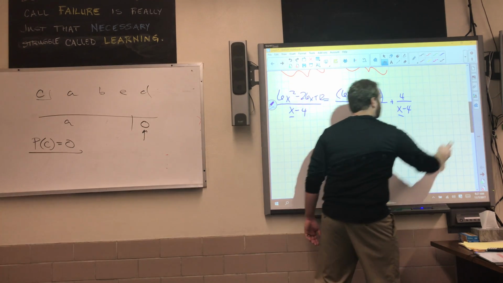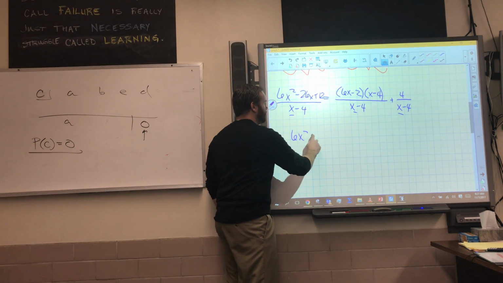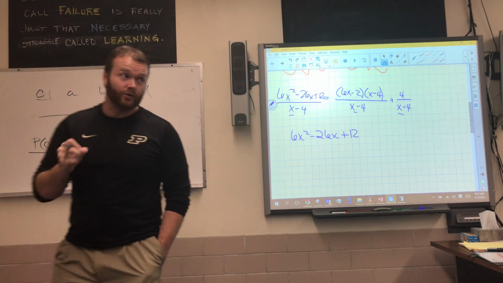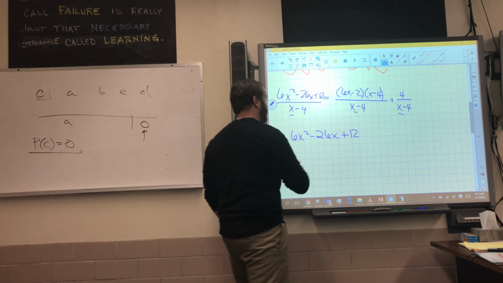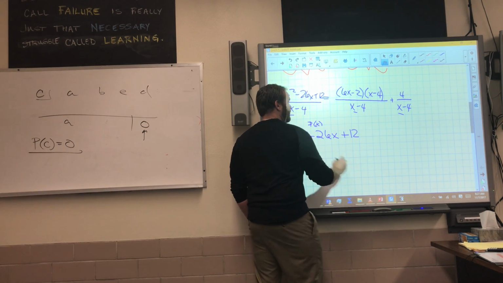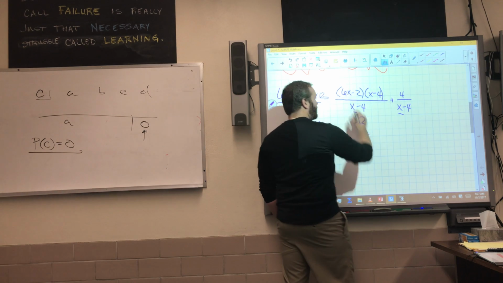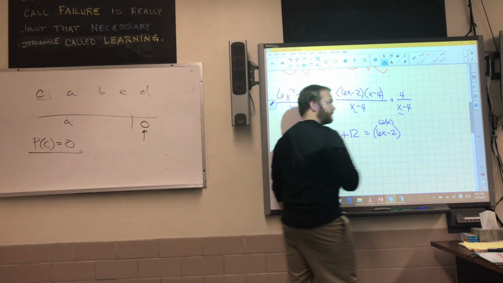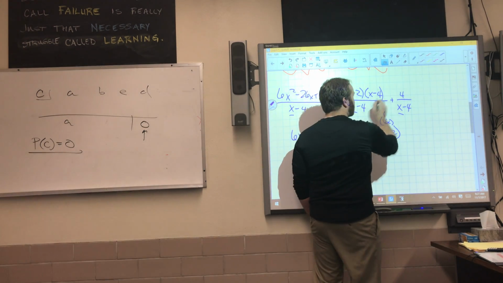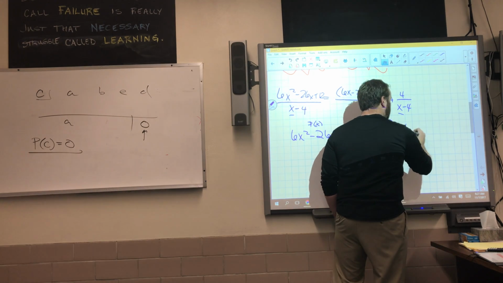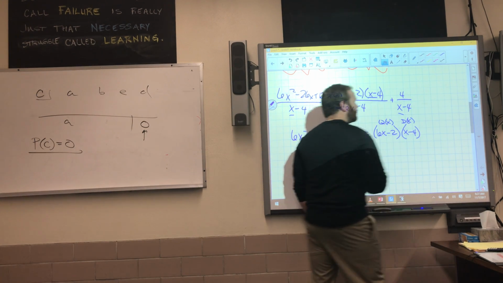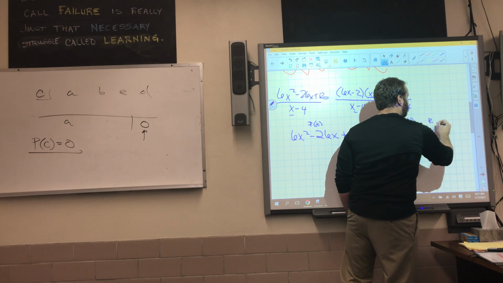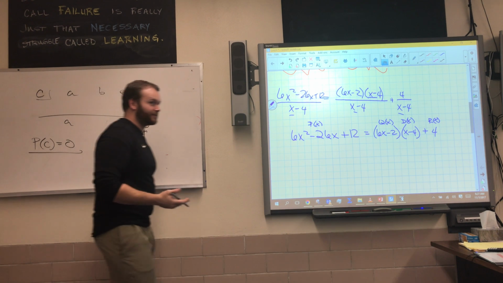So this tells us that 6x squared minus 26x plus 12, the dividend, the p of x that you started with, is equal to 6x minus 2, which ended up being your quotient, times x minus 4, which was your divisor, and now plus my 4, which was your remainder. Does that kind of make sense to everybody?